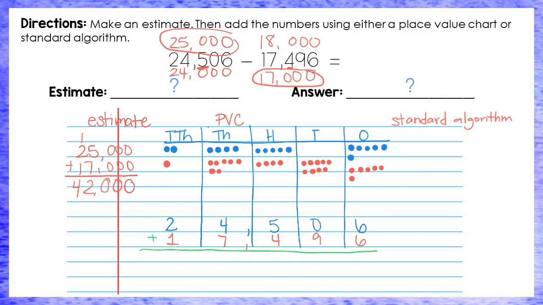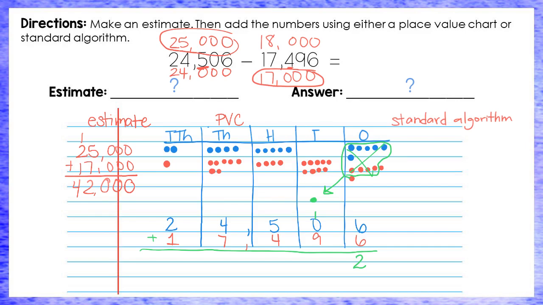When we start adding, we add beginning in the smallest place, which is the ones place. 6 plus 6 is 12. We can't have 12 in the ones place, so we have to take 10 of our ones and regroup them into 1 10. So now we have 2 in the ones place and 1 more added to the tens place.